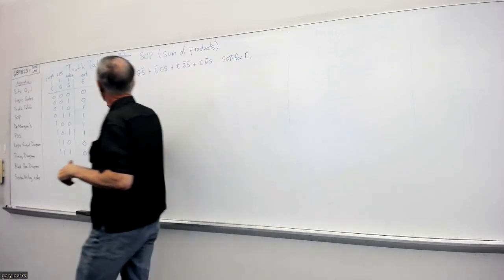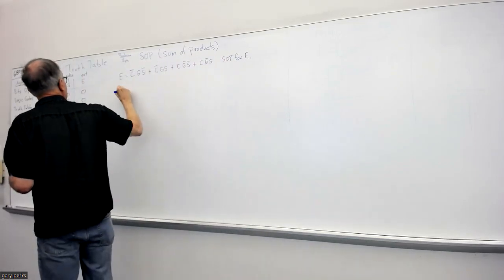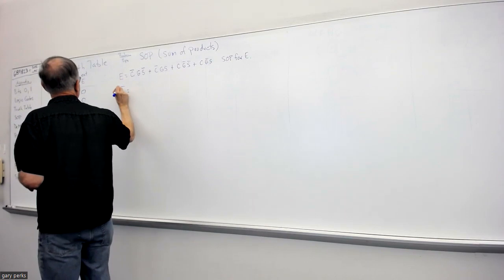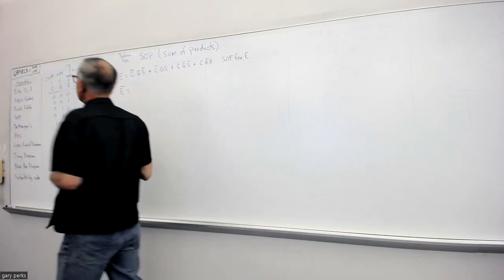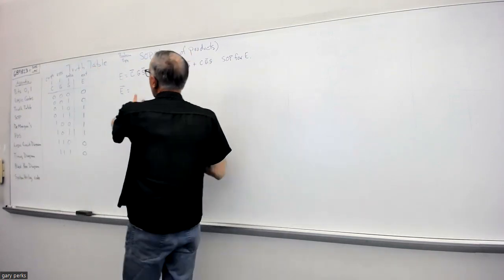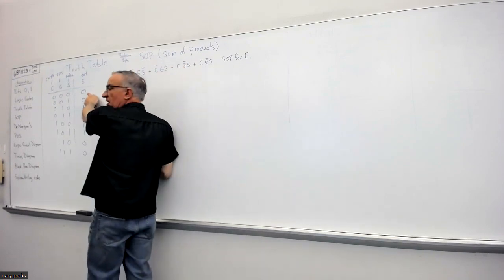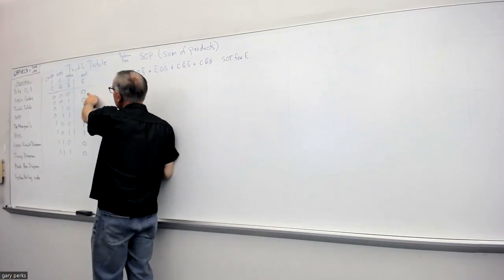Okay, I can also come up with the SOP for not eat. And now I'm looking at where the output is 0 in the truth table.